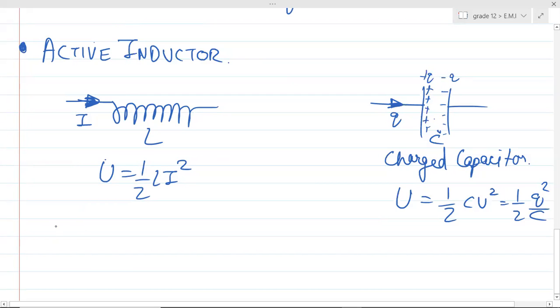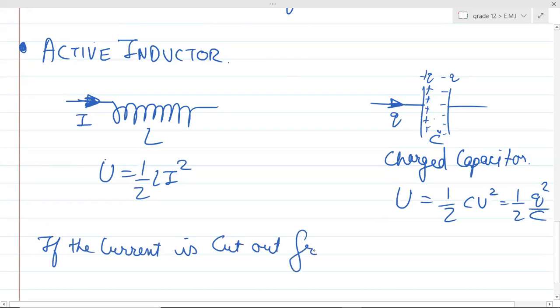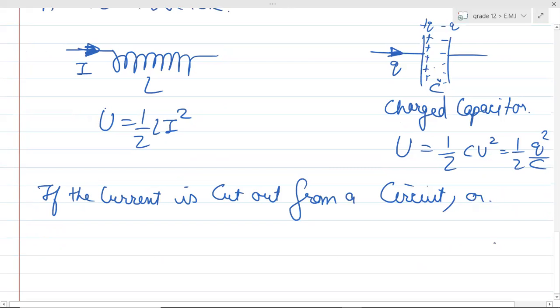I'll write it like this. Suppose the current is cut out from a circuit, or just starts flowing.